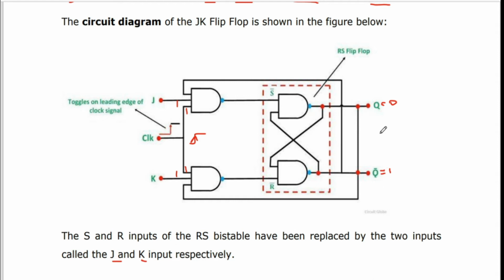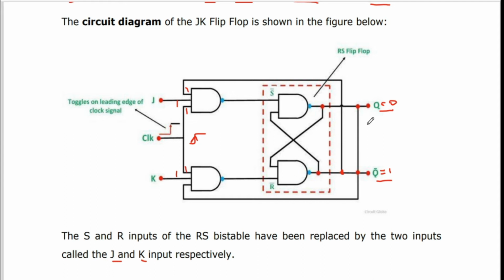Now see here what I have done. At the output I have initialized Q equal to 0 and Q bar equal to 1. Now what happens? Q bar is connected as an input to J, so the upper NAND gate receives three 1s.